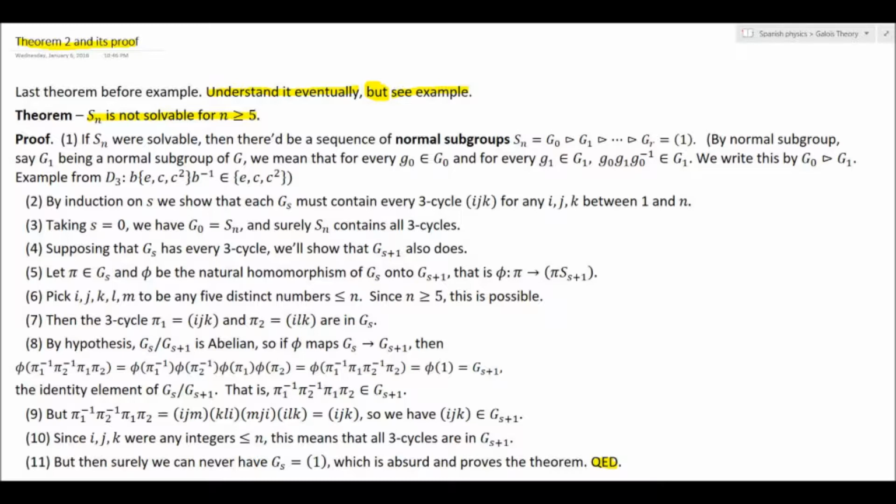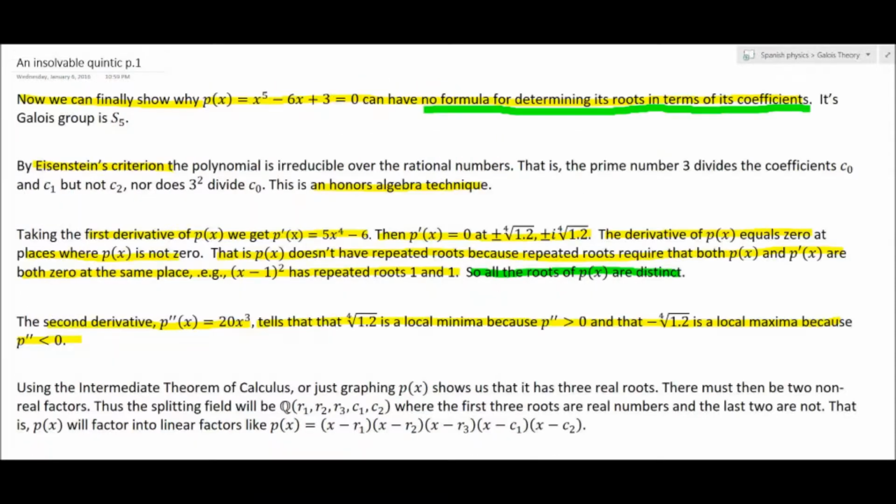Okay, so here's the first quintic polynomial that is easy to show can't be solved by some quintic formula: x^5 - 6x + 3 = 0.